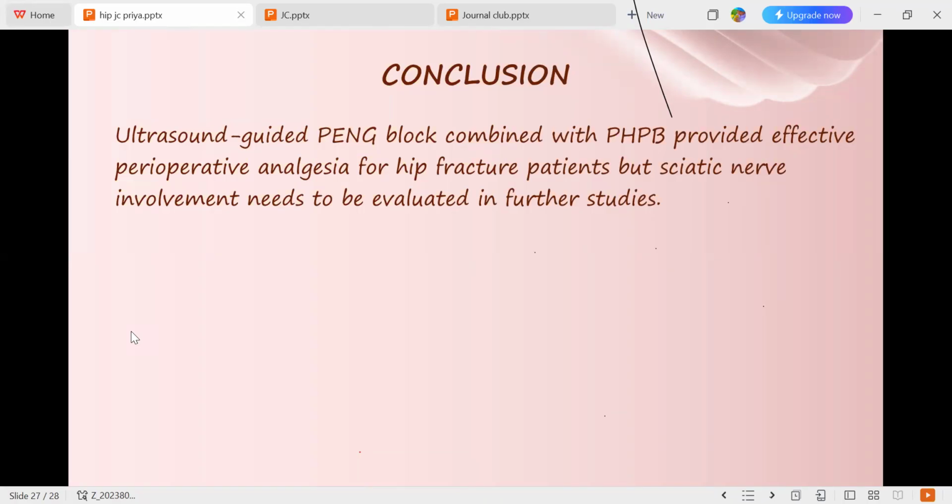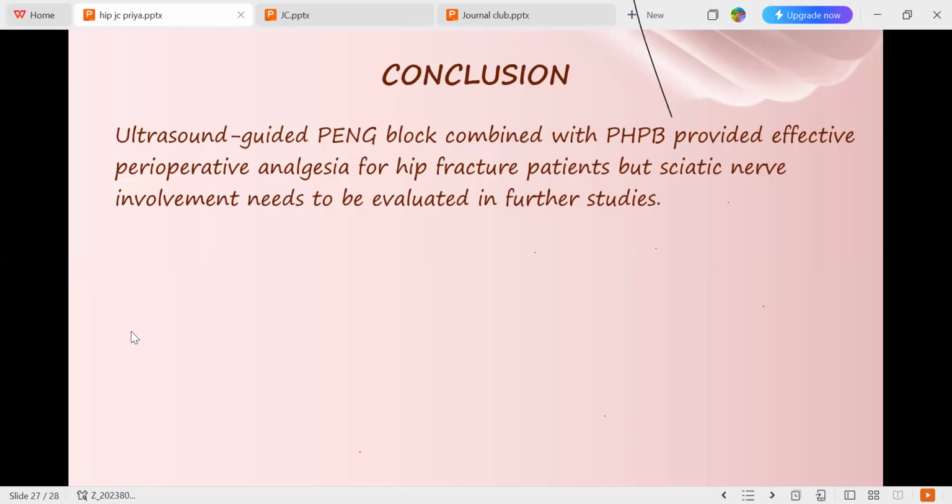But in this study, they have taken the posterolateral approach, sir. Correct. That is the usual approach, isn't it? That is the standard approach, the posterolateral approach to the hip.